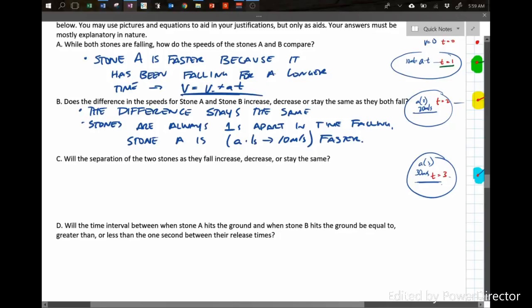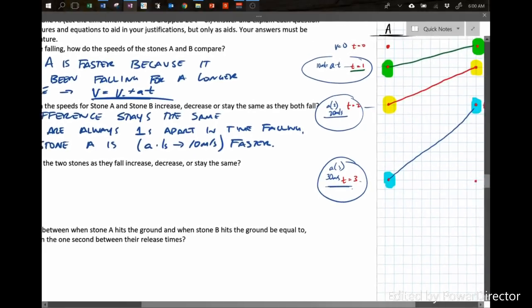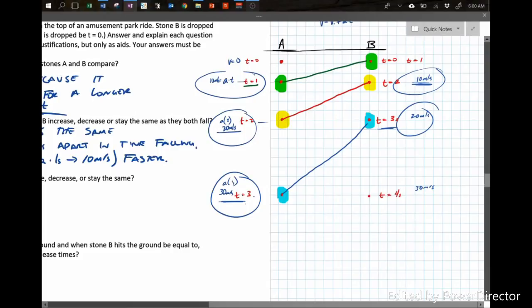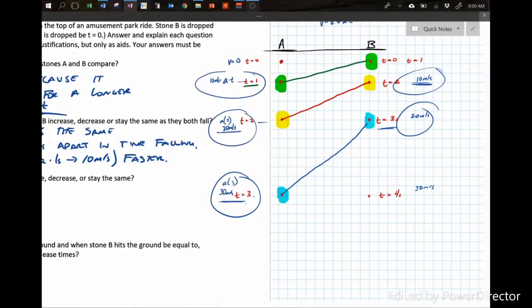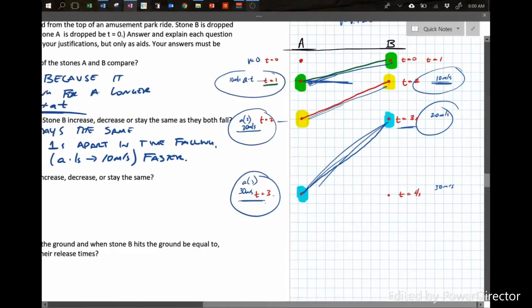Will the separation of the two stones as they fall increase, decrease, or stay the same? And this is where it's really nice to look at this picture. This is my separation between here and here after 1 second. This is my separation after 2 seconds. This is my separation after 3 seconds.